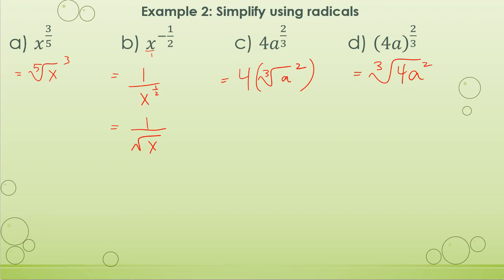Now you notice I wrote the squared in a different spot because we can actually simplify this further. 4 squared is 16, so this is actually the cube root of 16a squared. Whenever you can simplify, you should.